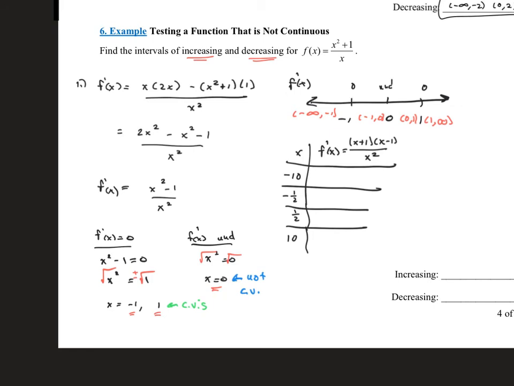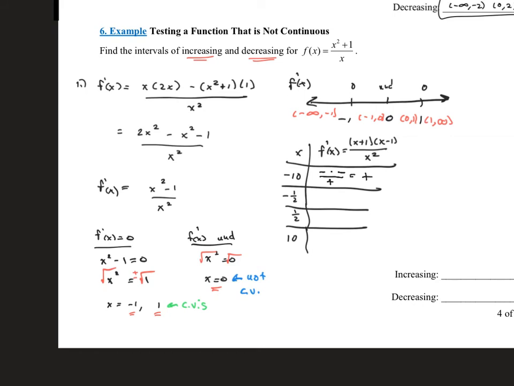I'm plugging -10 into the numerator and the denominator of the derivative. If I plug in -10, -10 plus 1 is negative, -10 minus 1 is negative, and -10 squared is positive. A negative times a negative over a positive is positive.